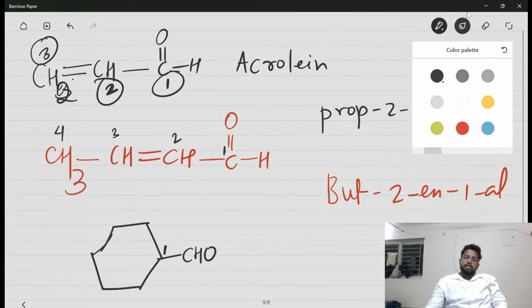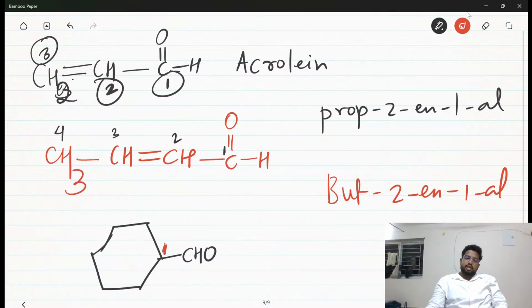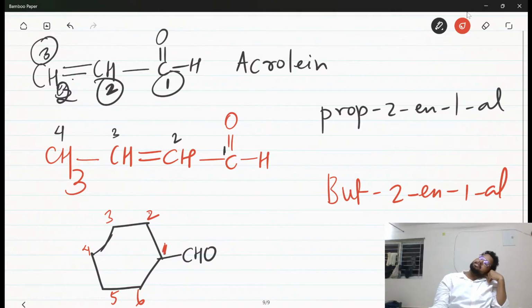Here you see, I cannot do numbering in the chain because the chain has one carbon, and the ring has how many carbons? 6 carbons. If the chain had 2 carbons, then I could announce the chain as the primary functional group because the chain is having my functional group. But here, as it is a 1 carbon thing, I cannot decide that the chain is the functional group. So I have to go with the ring as my parent chain.